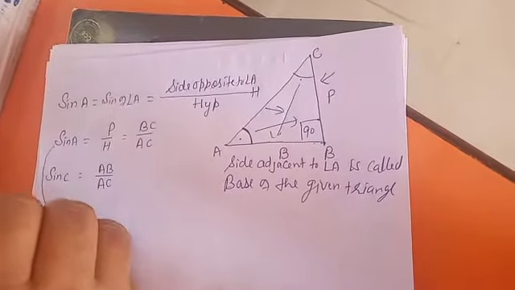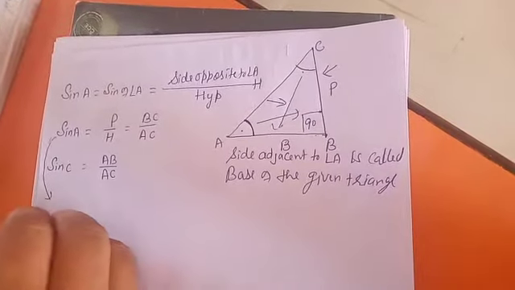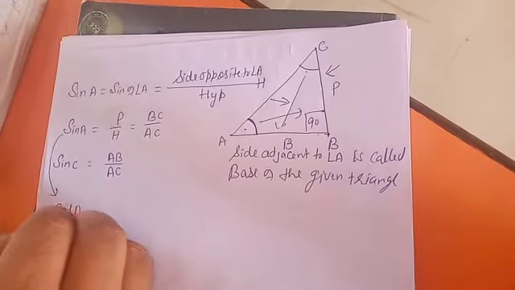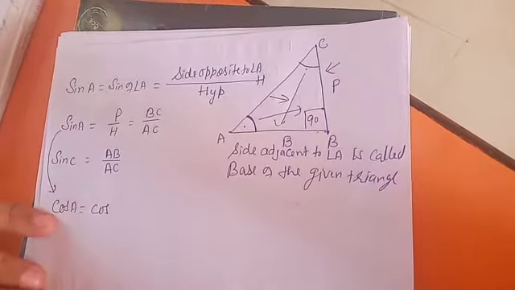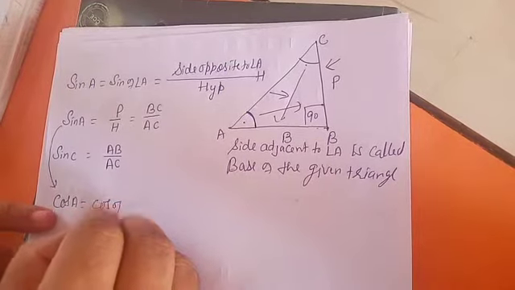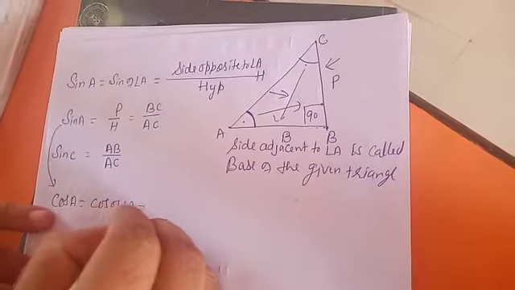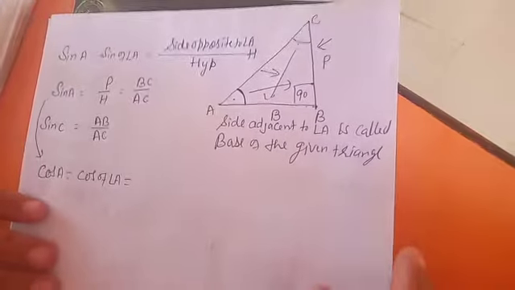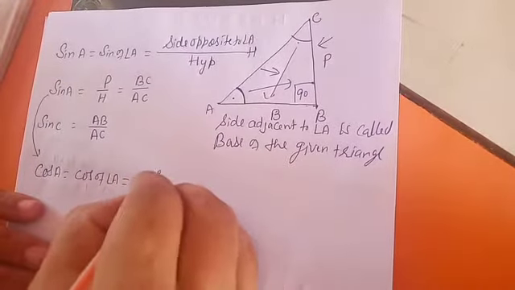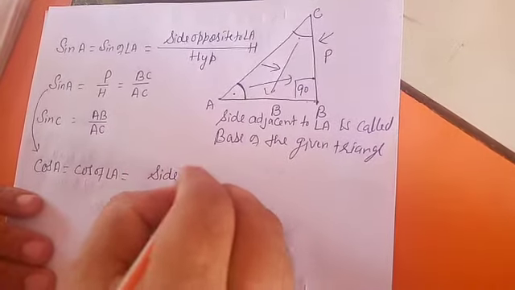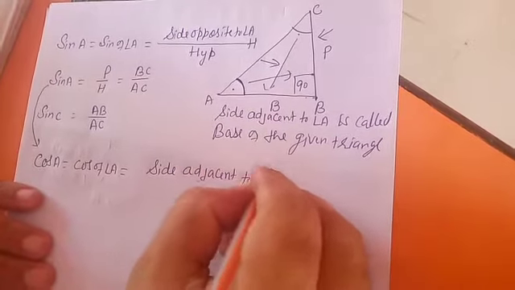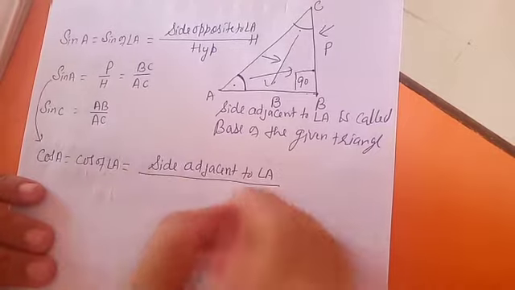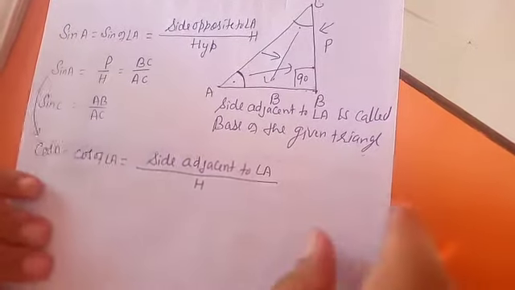From this we can find cos of A. Cos of angle A is side adjacent to angle A by hypotenuse.